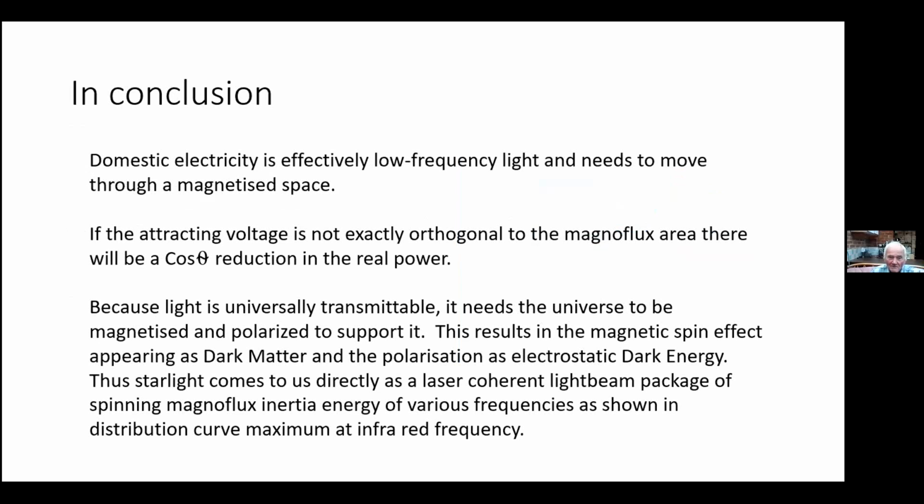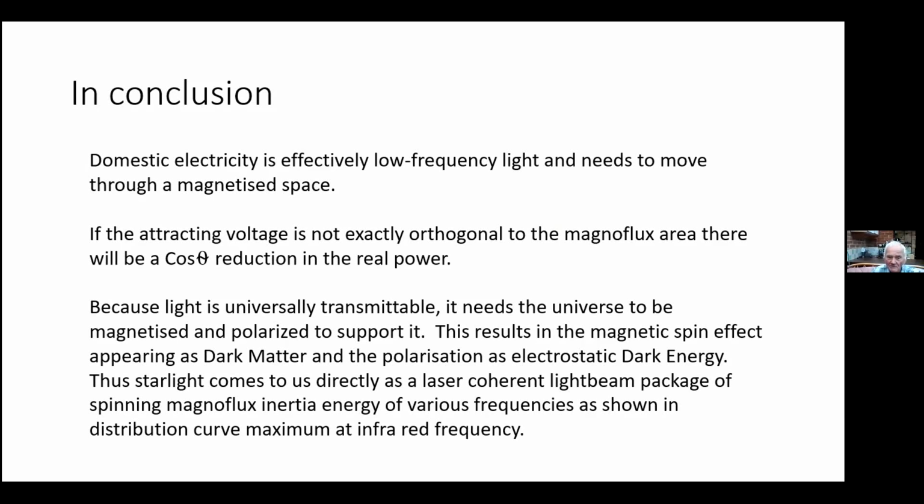So, in conclusion, domestic electricity is effectively low frequency light and needs to be moved through space, through a magnetized space. If the attracting voltage is not exactly orthogonal to the magnoflux area, there will be a cosine reduction in the real power.